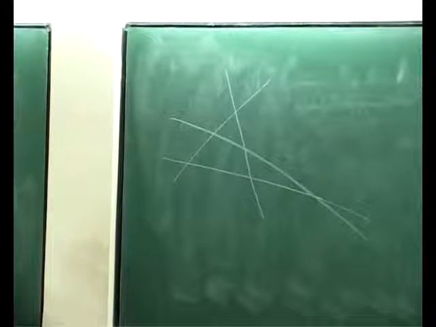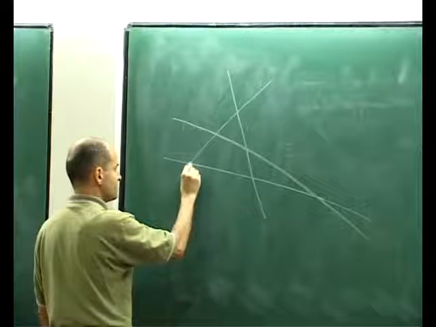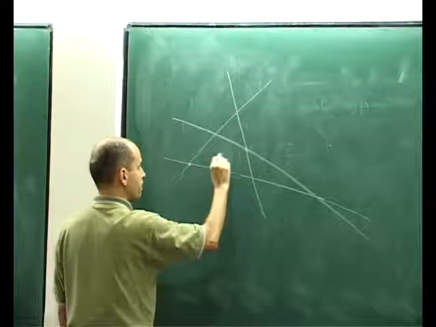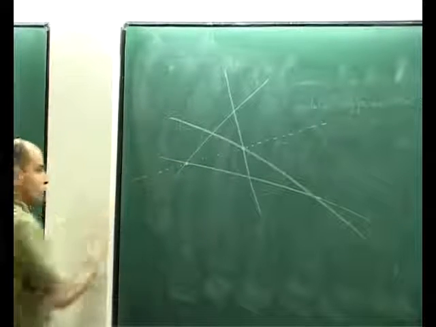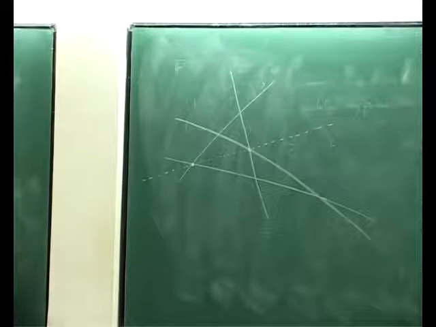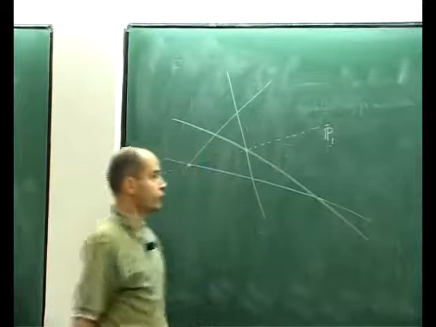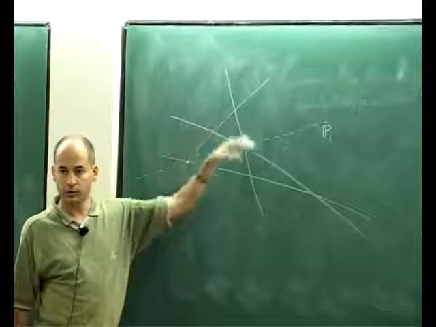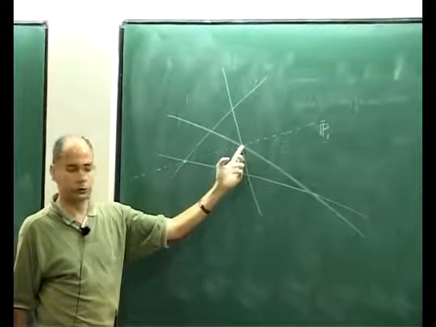If we join 2 singular points of this configuration, you obtain this dotted line, which is isomorphic to P1. If we remove from this line the points at infinity, so the points in this configuration of 4 lines, we have to remove just 2 points.